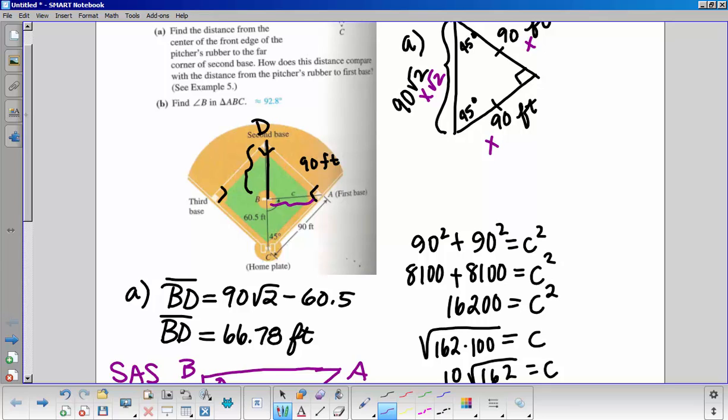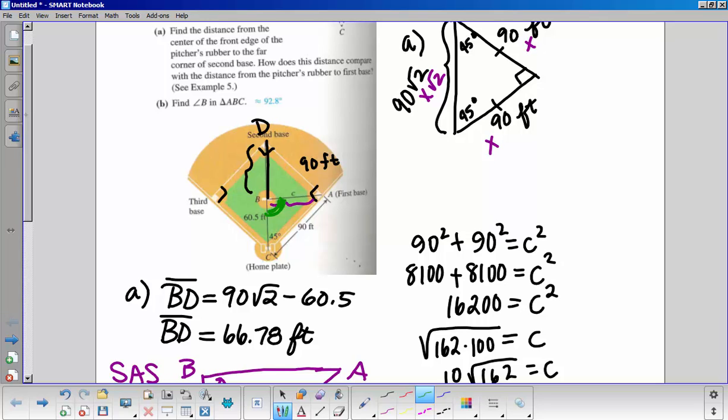All right, so now they want us to find angle B in this triangle here, right? Is angle B where it has the arrow? Yes, this is angle B right here. So we're going to use the law of cosines again, right?